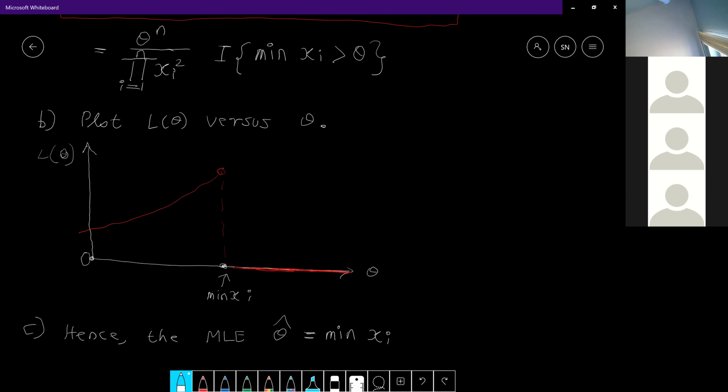For example, the normal distribution has two parameters, mu and sigma. So in that case, what is the procedure for finding the MLE when you have two or more parameters? I will talk about that when we rejoin at 1 p.m. But before that, do you guys have any questions on the stuff we did so far today?